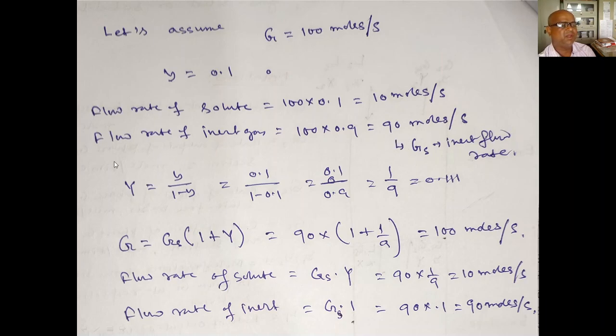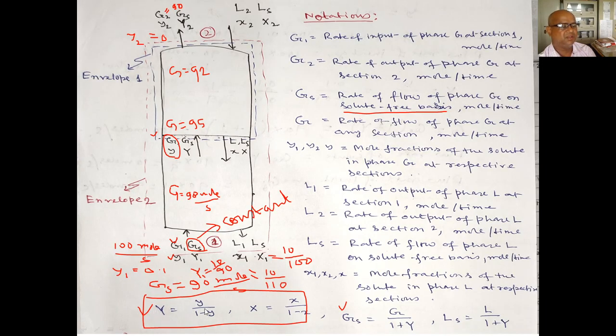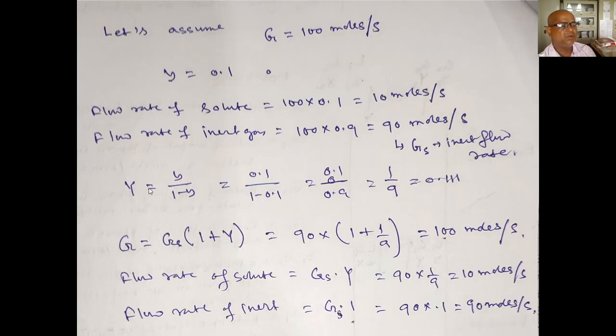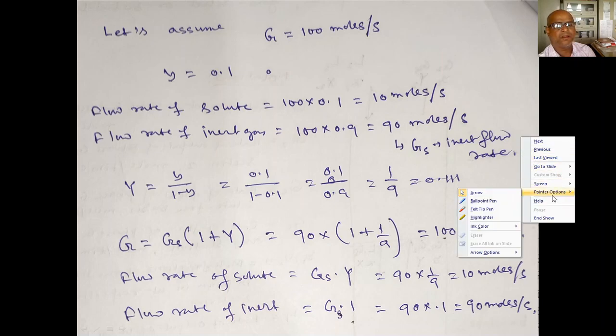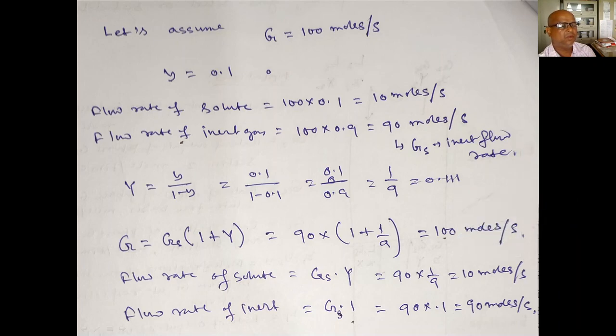Now what will be capital Y? Let's do it again. Capital Y equal to small y by 1 minus small y. So 0.1 by 1 minus 0.1, that is 0.1 by 0.9, so 1 by 9 equal to this. And if you take this definition, what is capital Y?